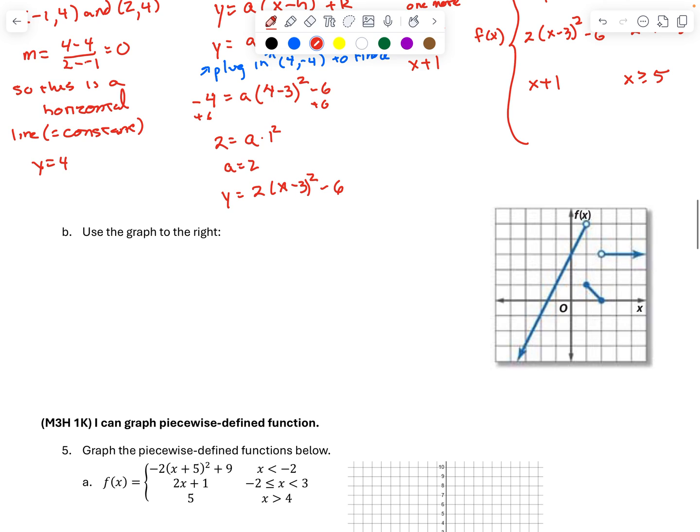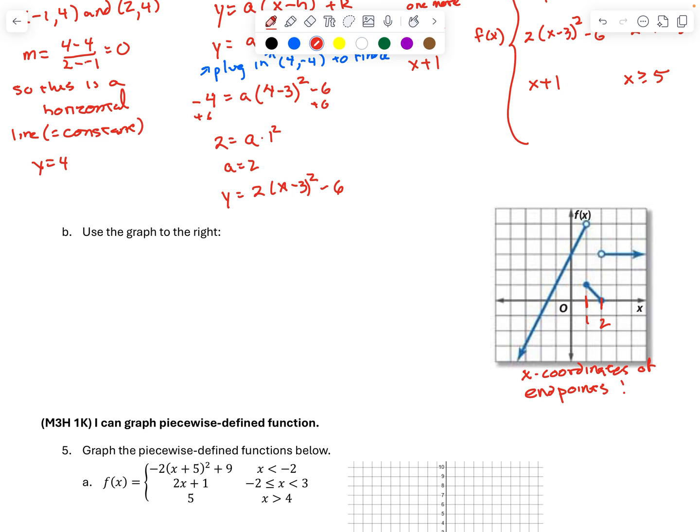All right. Using the graph to the right, we have 3 chunks of lines. Notice that you need to make sure you're obsessing about the x-coordinate. So 1 and 2.